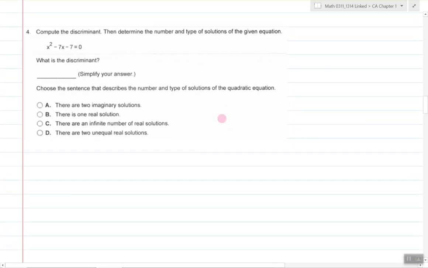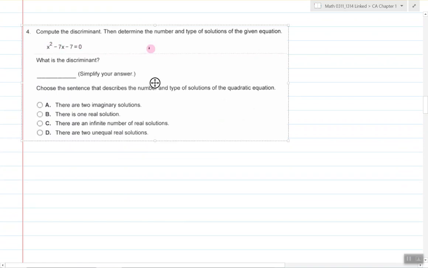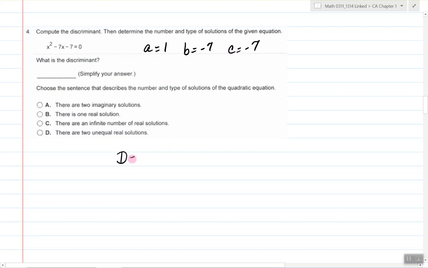Number 4. Again, it's given in general form, so I can simply say A is 1, B is negative 7, C is negative 7. The discriminant is B squared minus 4AC. So it is, parentheses, negative 7 squared minus 4 times 1 times negative 7.